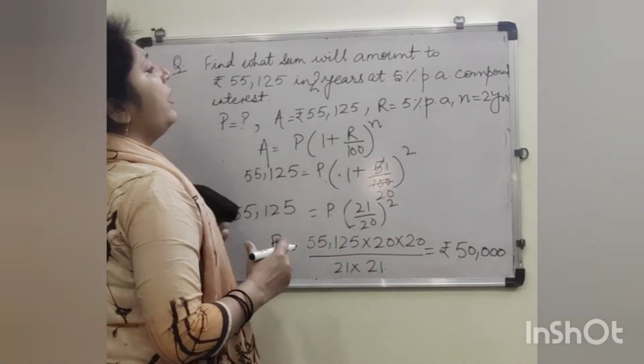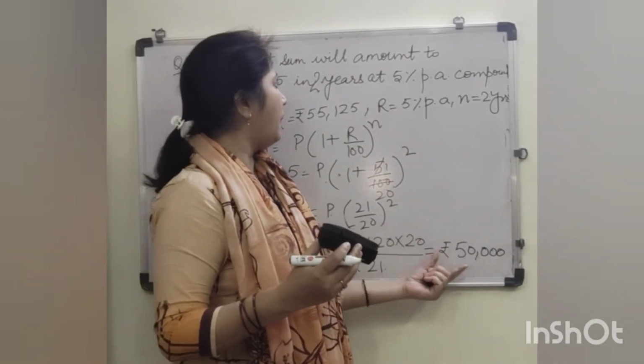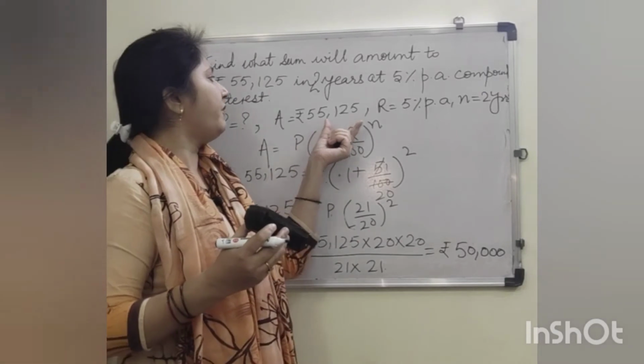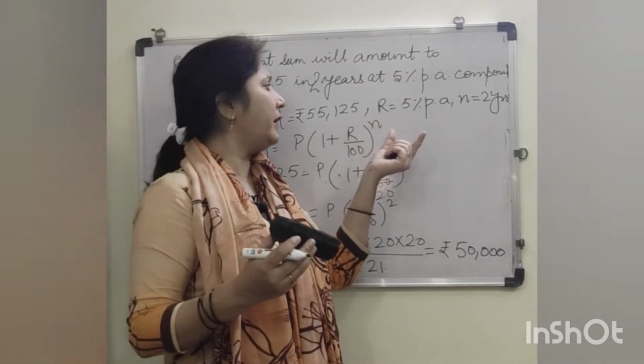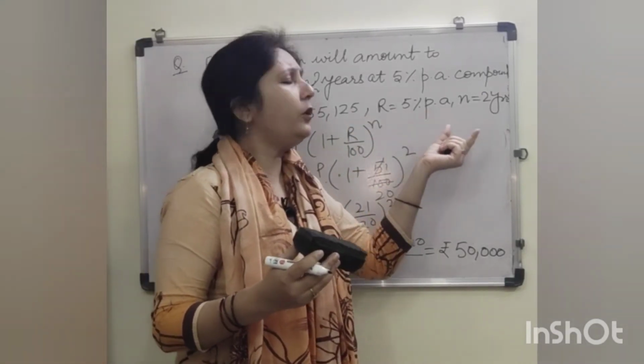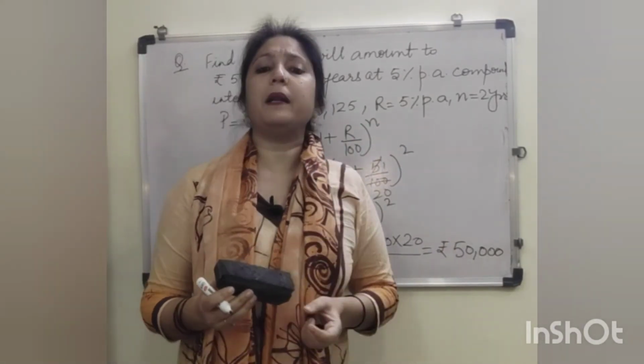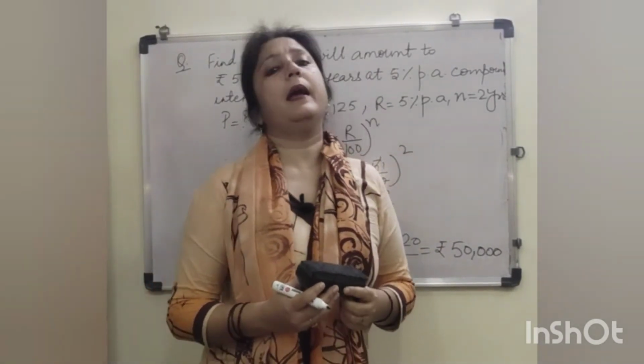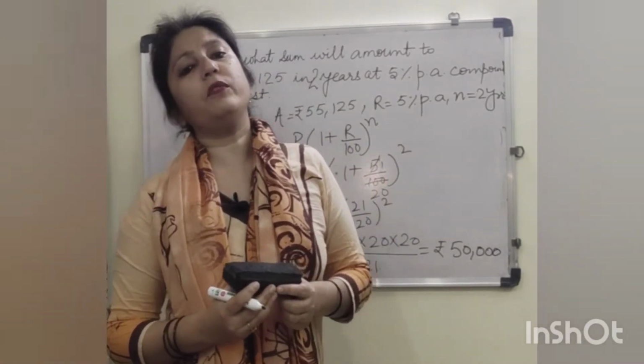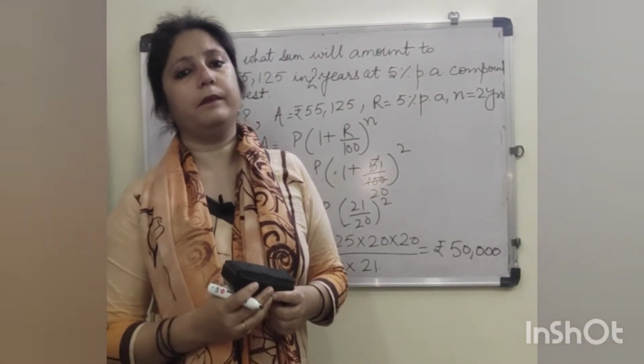That means 50,000 will amount to rupees 55,125 in 2 years at the rate 5% per annum compounded annually. This is how we can calculate principal.